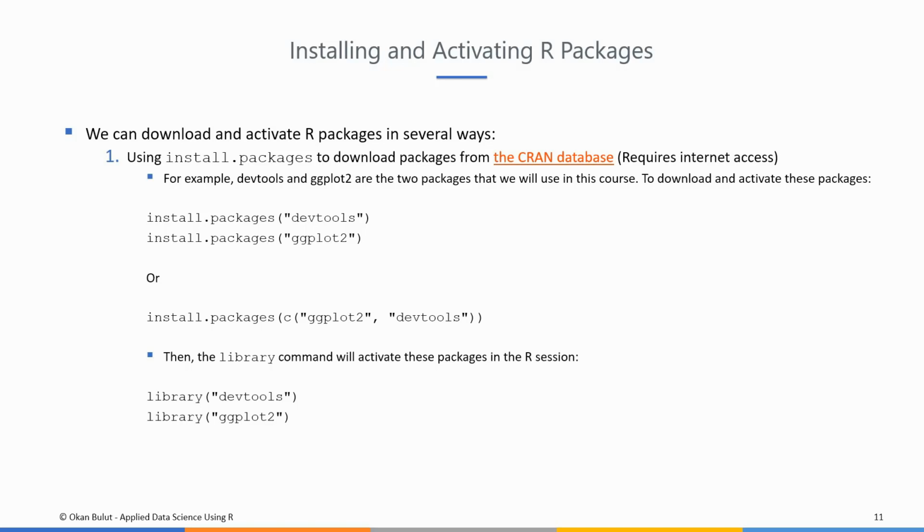So once we say install.packages, parentheses, and within the parentheses, DevTools is the name of the package, and it has to be specified within the double quotes. Once we execute this command, R will contact the CRAN database and call the latest version of the DevTools and ggplot2 packages.